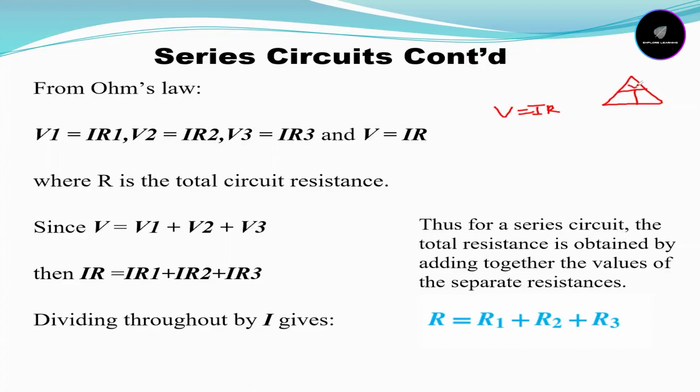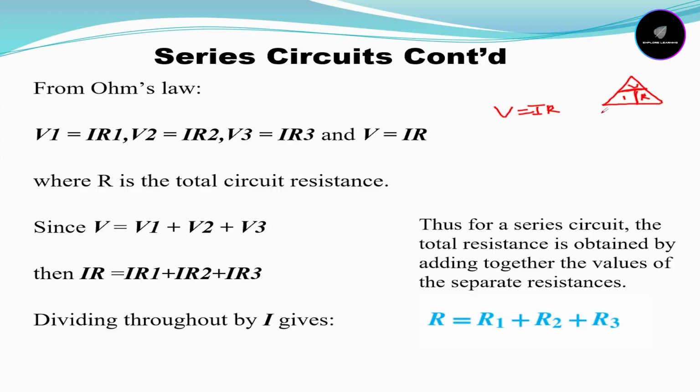We said V is up here, and we have I and R. The horizontal bar indicates division, and the vertical bar indicates multiplication.